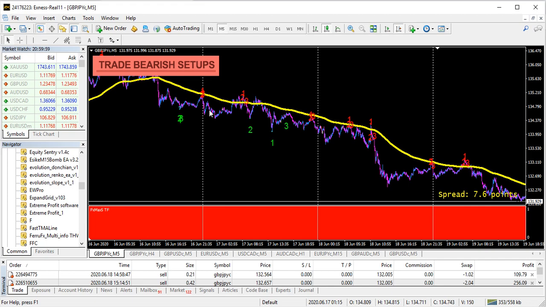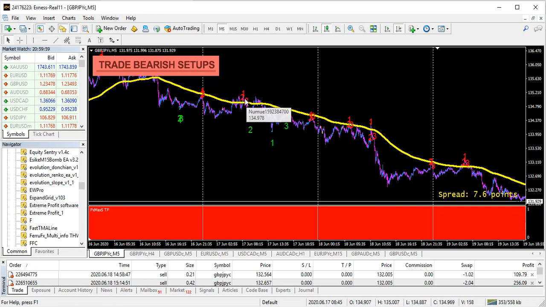Now, it is best to enter the signal when price pulls back to this moving average, the 200 exponential moving average. Price will generally try to go back to it, even though you are in a sell trend, then continue.